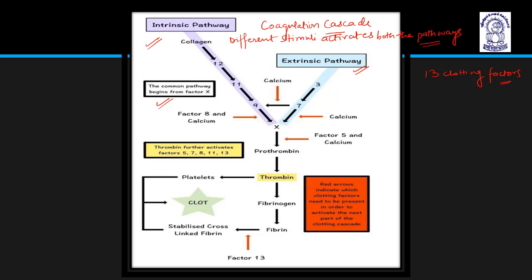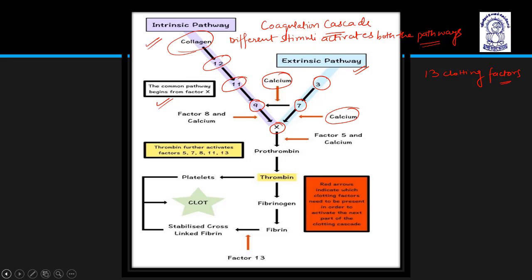Now, coming to the pathway again. The extrinsic pathway activates with factor number 3, which converts factor number 7, and factor number 7 requires calcium to be converted into factor number 10. Factor number 7 also activates factor number 9 in the presence of calcium. Collagen helps to activate factor number 12. Factor 12 converts to factor 11.